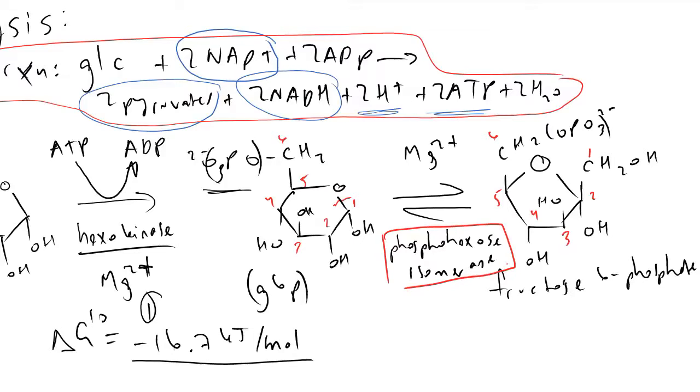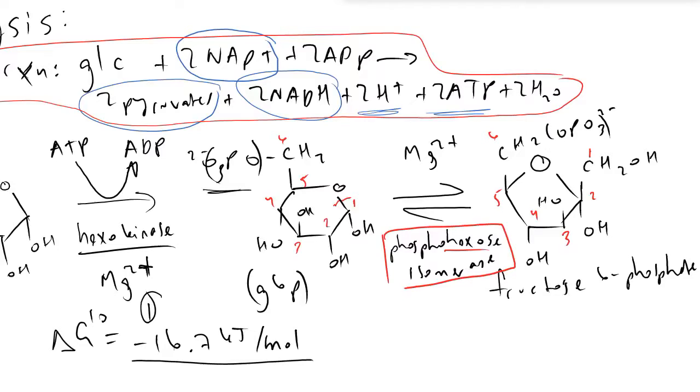The hexose part, as we went over before, refers to it operating on a 6-carbon molecule, so it's operating on glucose. And isomers, as we remember from organic chemistry, are molecules that have the same number of atoms, but different bonds between these atoms. So this fructose 6-phosphate is really just an isomer of glucose 6-phosphate. We still have the same number of carbons, hydrogens, oxygens, and phosphorus.